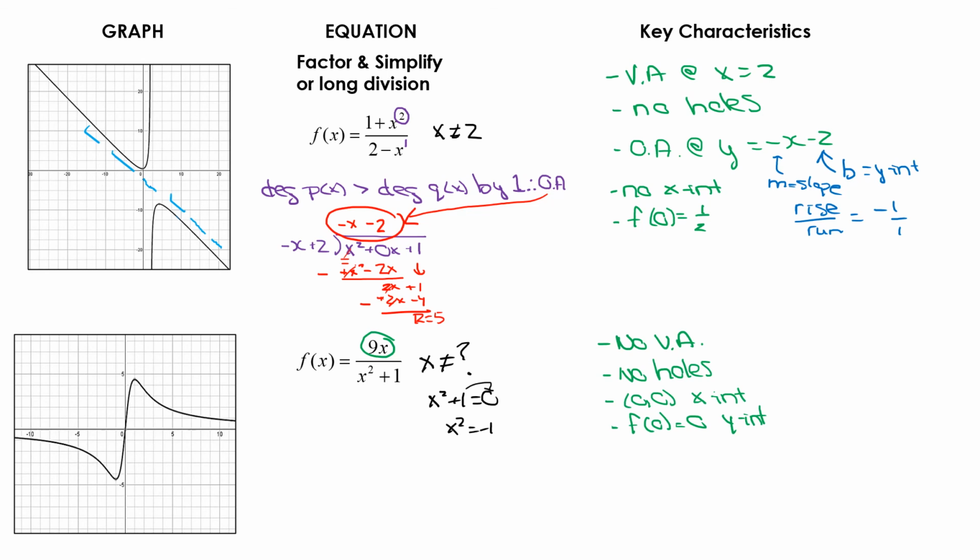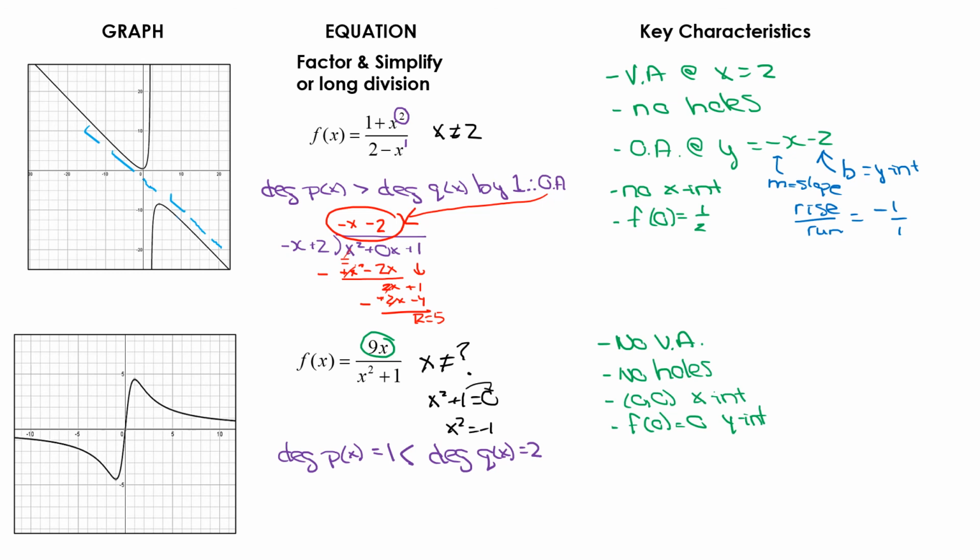Let's look at the degrees. The degree of the numerator, p of x, is 1. The degree of the denominator, q of x, is 2. So the degree of the numerator is less than the degree of the denominator. We can't divide, there's no division in this case.